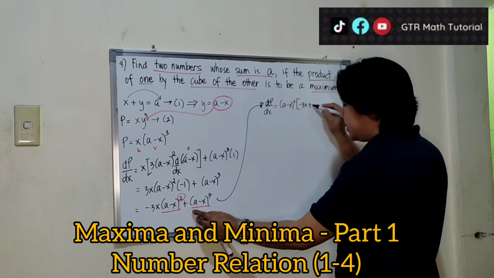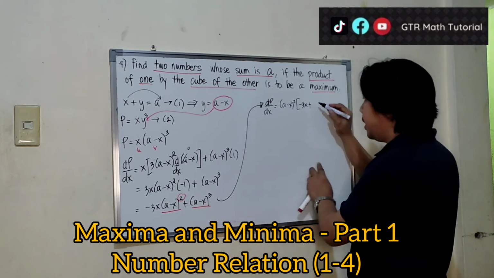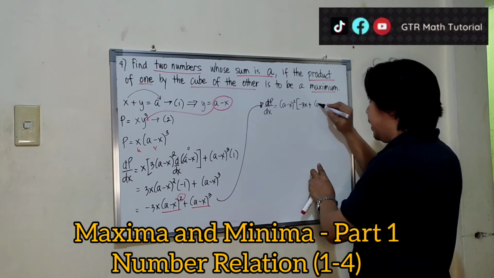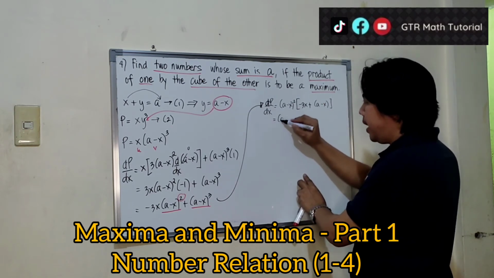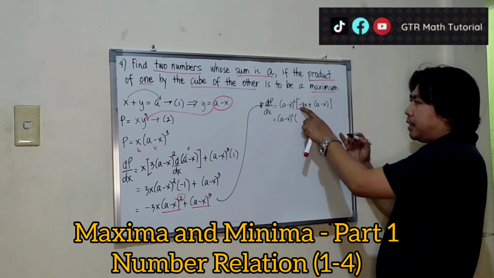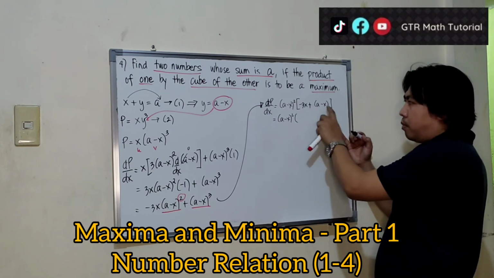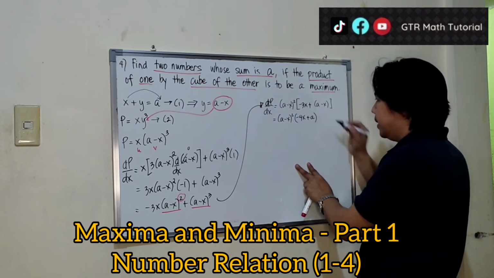And then plus, we factor out a minus x squared, so meron pang natirang a minus x. Then simplify, we have a minus x squared. Simplify this, negative 3x minus x. So we can combine. So that is negative 4x plus a.